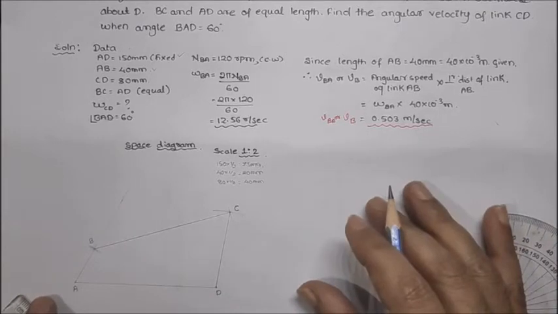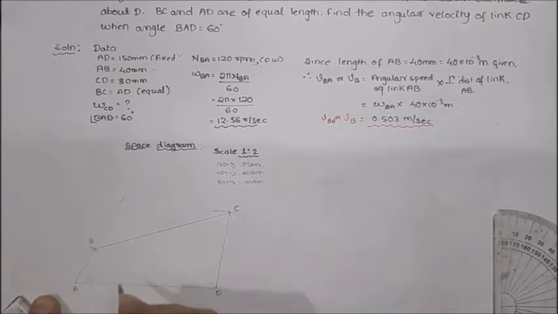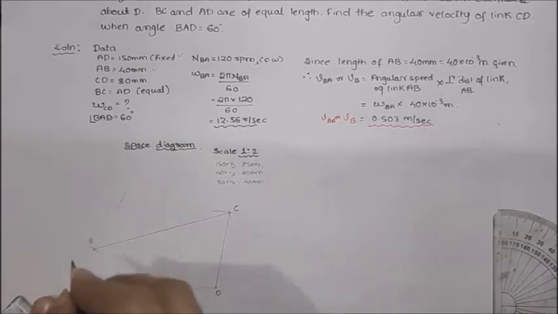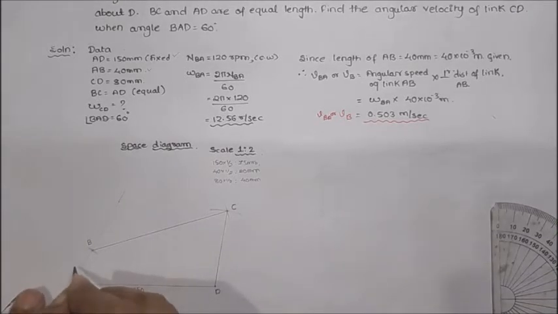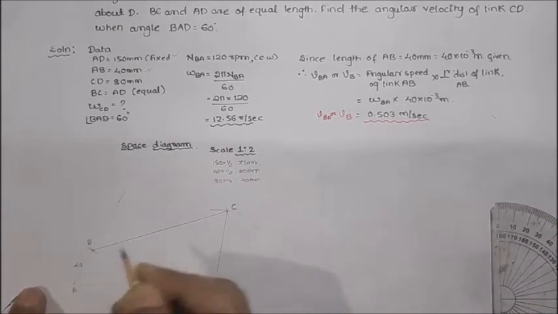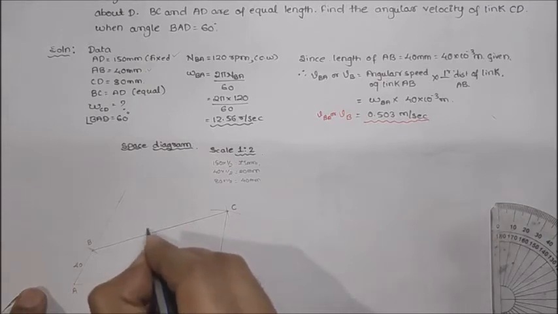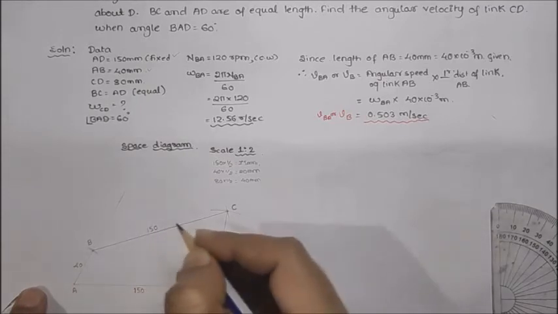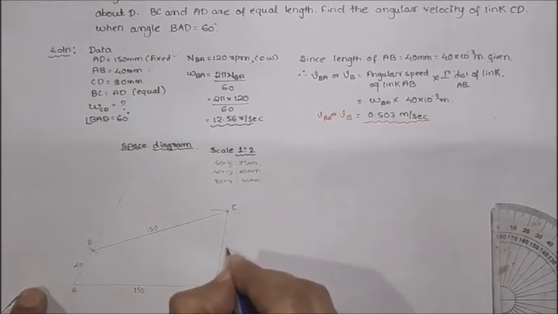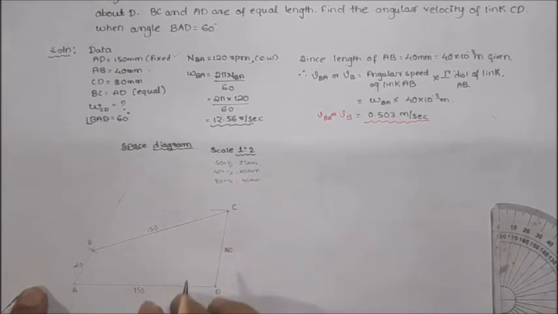So here the measurements for this one, write it as 150. Don't write it as 75, write 150. Here write it as 40. Here you write it as 150, and here you write it as 80.